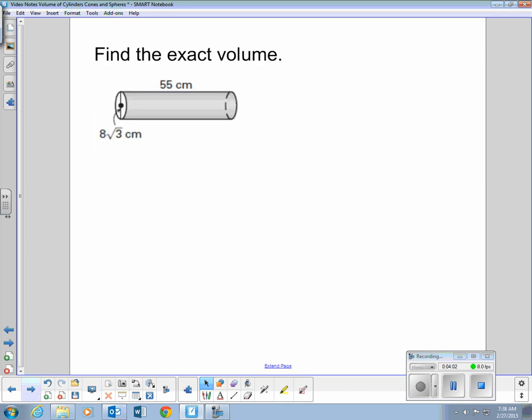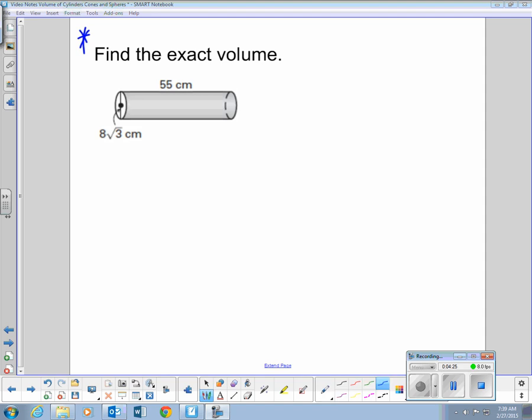All right, so here's a nice one for you to do. You can pause the video for a second, work on this one, and then start it back up. Okay, so in case you had a problem with this one, that 8 square root of 3 is not the radius, that is the diameter.